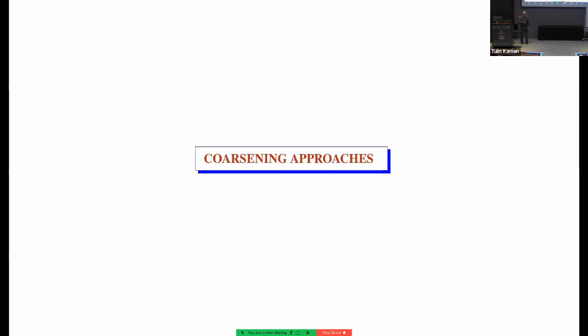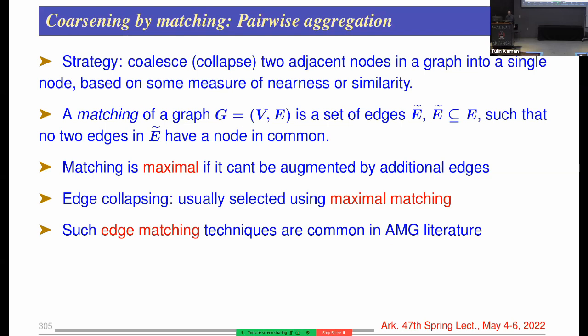So how do you coarsen the graphs? One of the most common approaches in this context is called pairwise aggregation or matching, or maximal matching; there are a couple of terms used. The strategy is simply this: you take two nodes that you find to be somewhat related, with a strong connection between them, and you collapse them into one node, or one of them will represent the two.